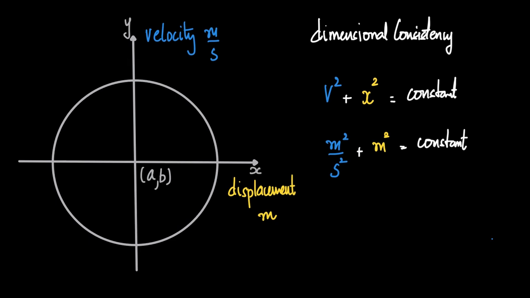Look at this. The equation is v square plus x square is equal to constant. V is meter per second, so this becomes meter square per second square plus x is meter square, which simply implies that this given equation is dimensionally inconsistent and therefore another reason to reject this graph, if that makes sense.